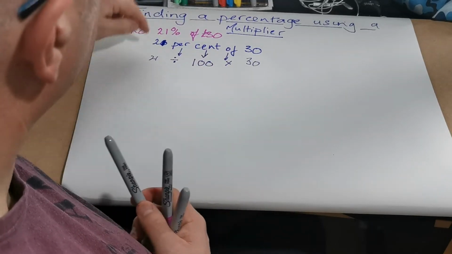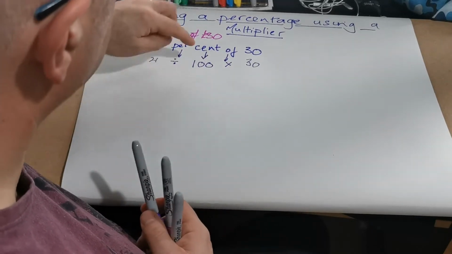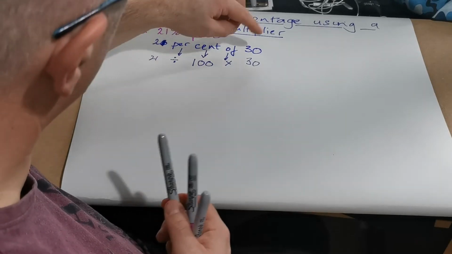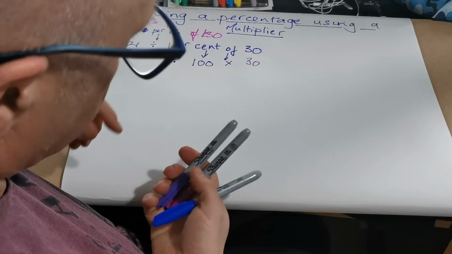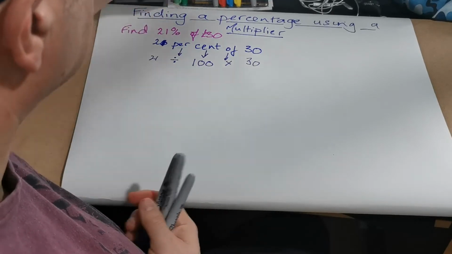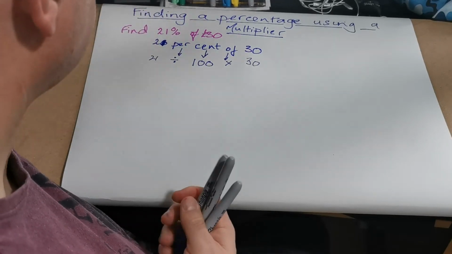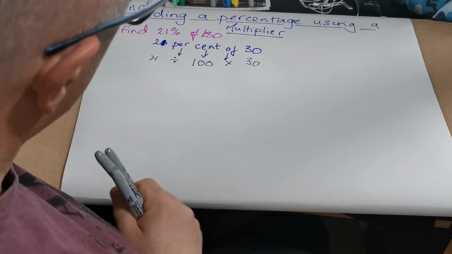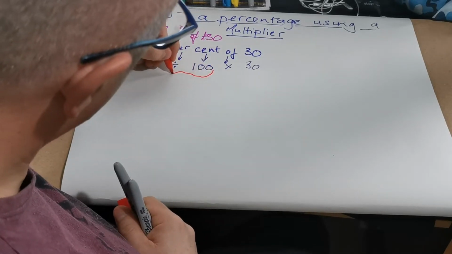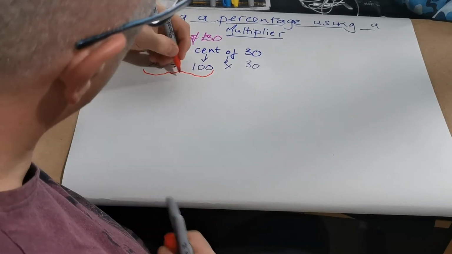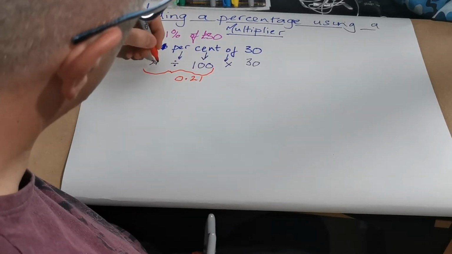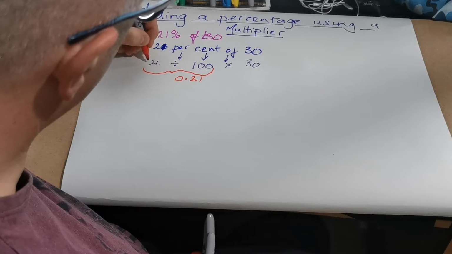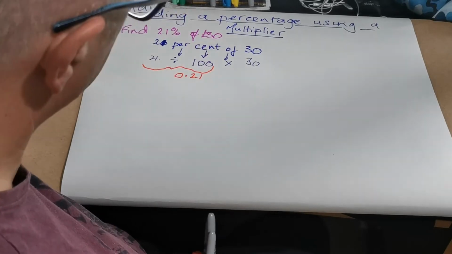Now, when you find 21% of 30, you do 21 divided by 100 times 30. Now, one thing we can do in our head, to speed things up a bit, is we can do this bit. 21 divided by 100 is 0.21, because I moved the decimal point 2 places to represent the 2 zeros.